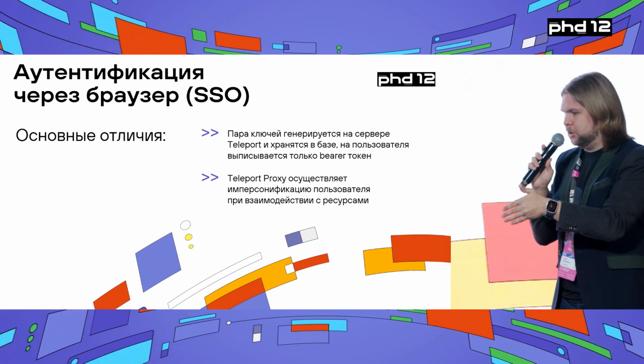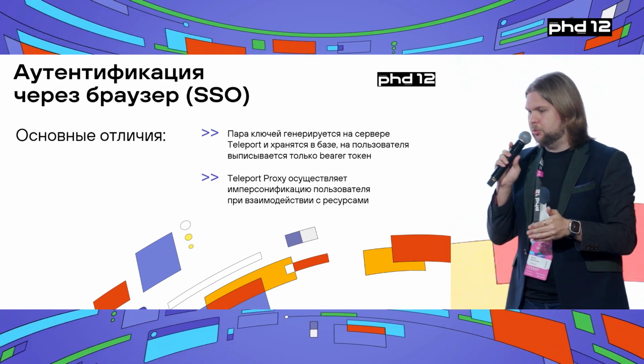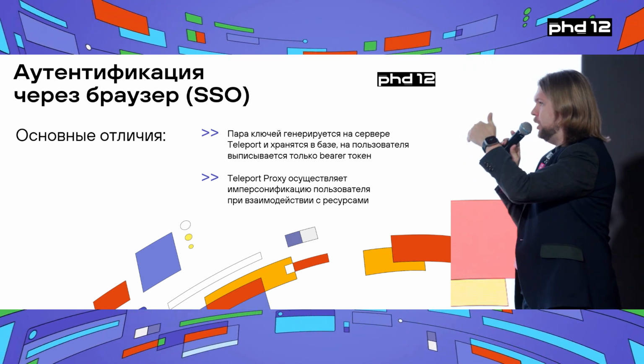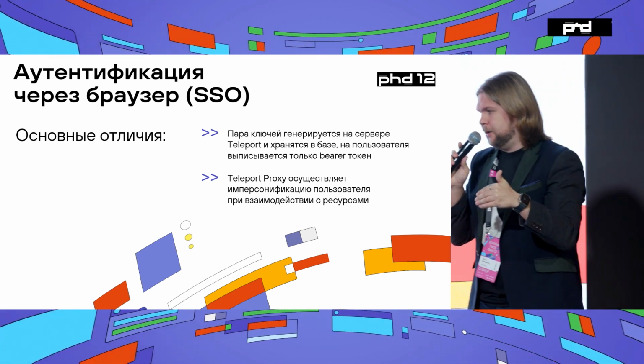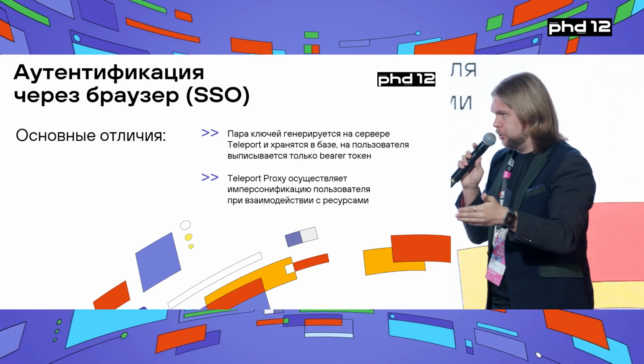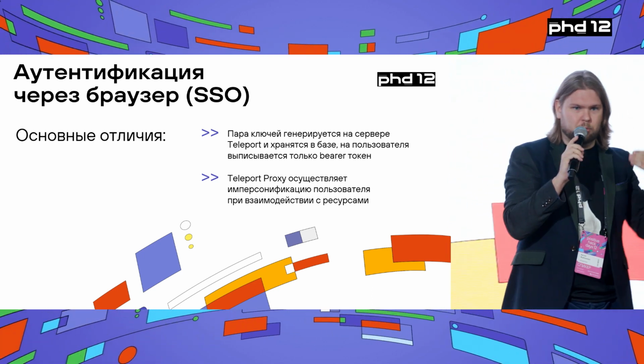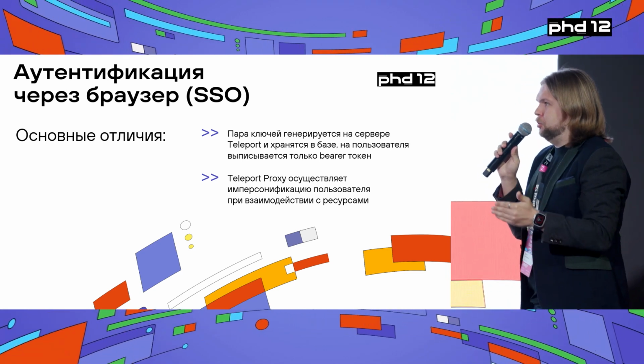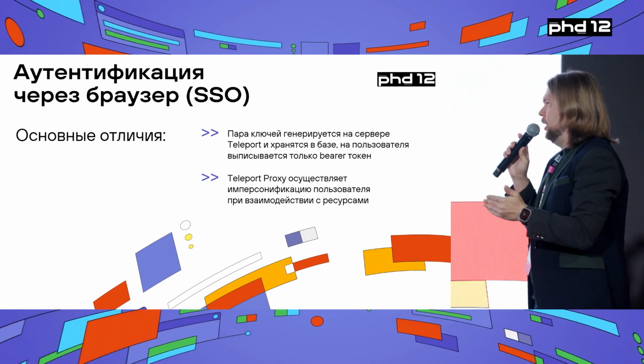It would introduce itself as the client. So in that scheme, the client's private key is stored with Teleport, and that authentication system through the browser, I think, is not very much needed.